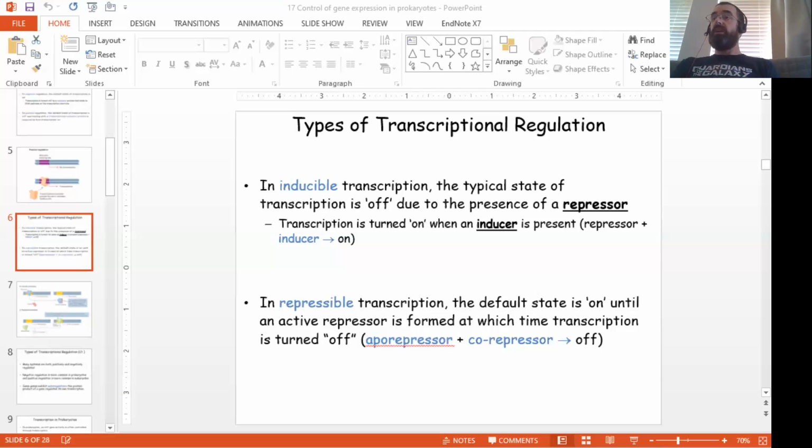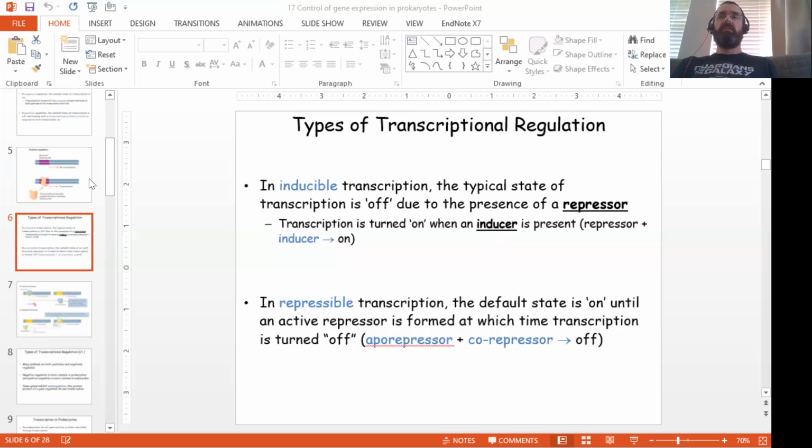So essentially it's present in the cell, but it doesn't do anything because its co-repressor is absent, right? And so only when its co-repressor, which may be the end product of that metabolic pathway or process, is present does it then turn off or repress transcription, right? So keep those in mind.